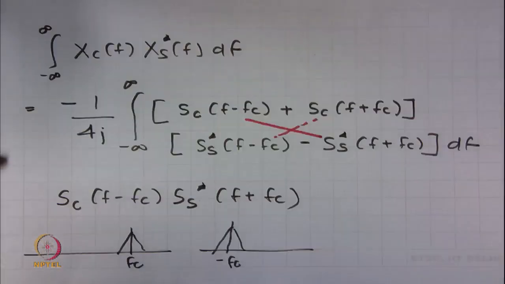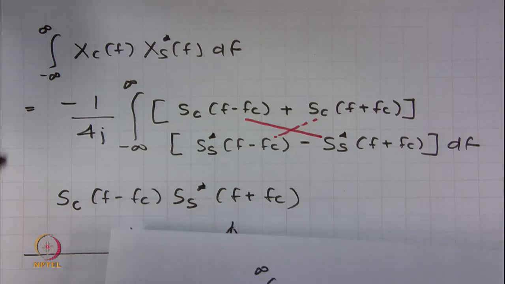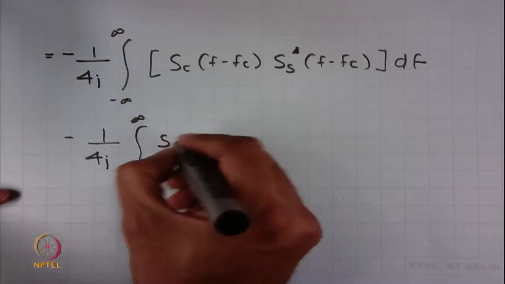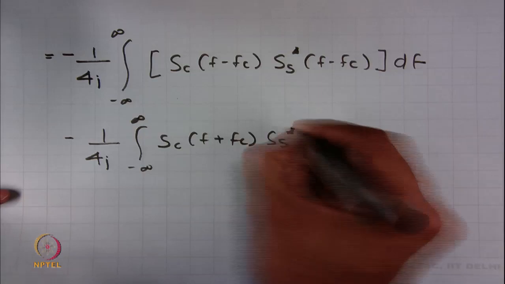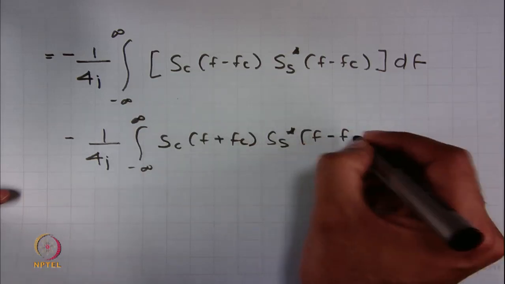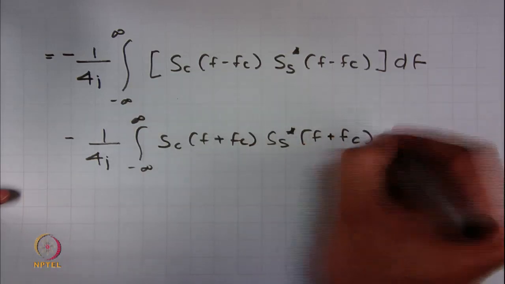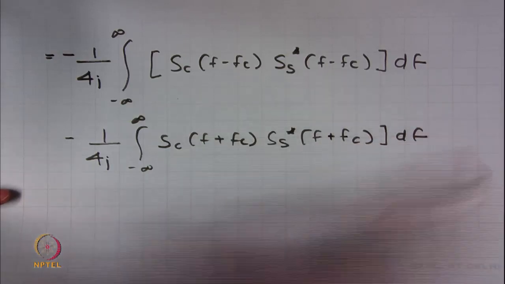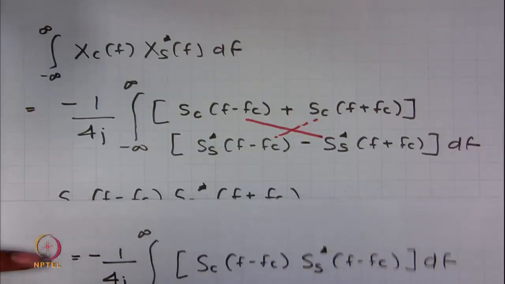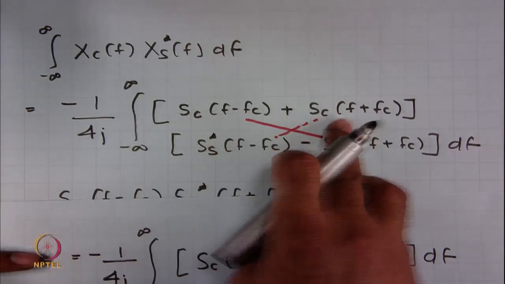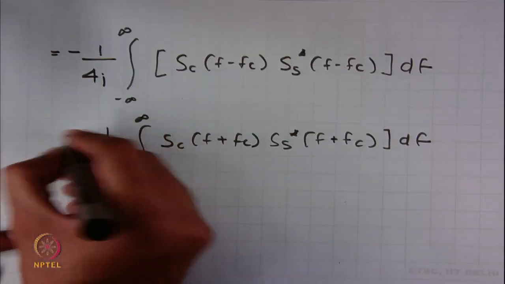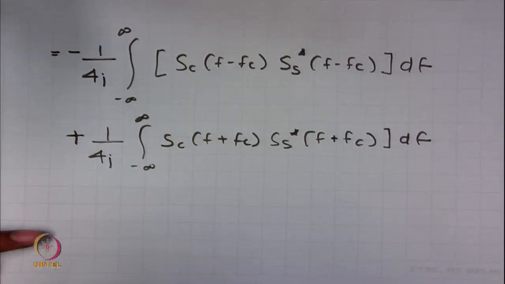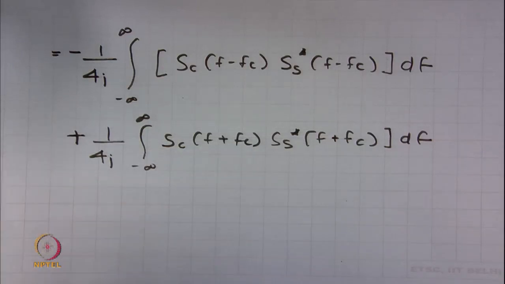Let us see what we have is, we would have S_C(f) plus F_C into S_S conjugate(f) plus F_C df. Let me check the signs. So, this would come with a positive sign. Okay. So, this is what we would have finally.